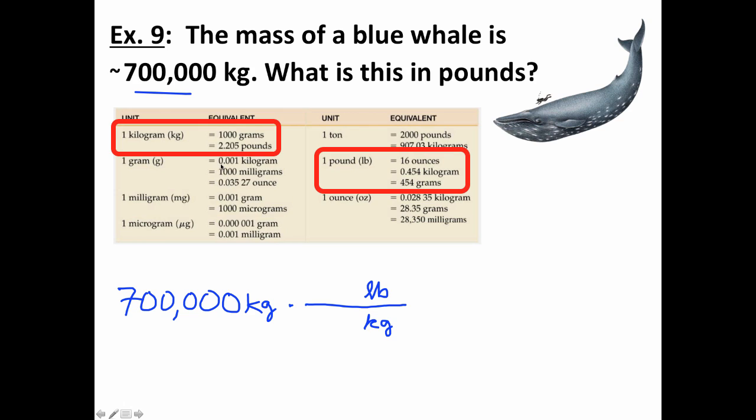And you could use either one of these. I'll choose to do that 1 kilogram is equal to 2.205 pounds. You could have used this one instead. In this case, you would have had on the bottom 0.454 kilograms and on the top 1 pound. Either case, you have to have kilograms on the bottom, so it'll cancel. And worth noting, this is our original quantity.